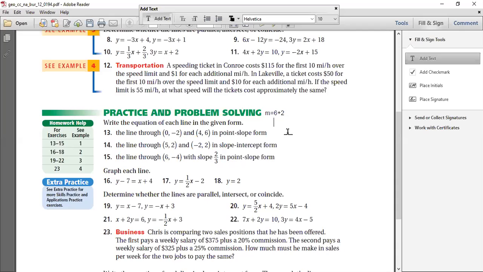So 6 plus 2 over 4 minus 0. 6 plus 2 is going to be 8, 4 minus 0 is 4, so 8 divided by 4 is going to give you a 2. So the slope is 2.